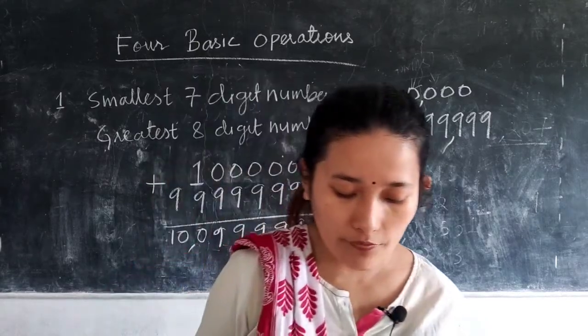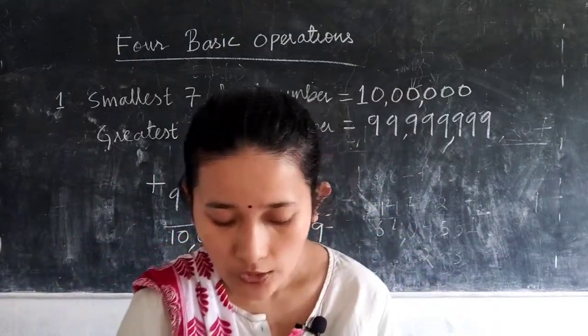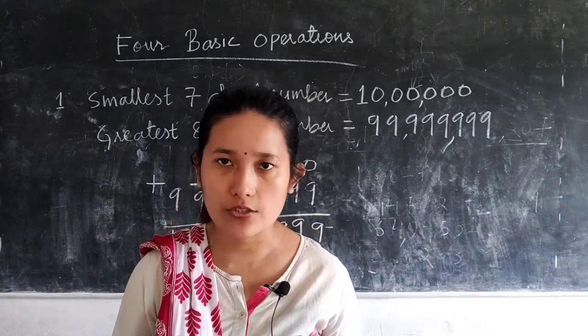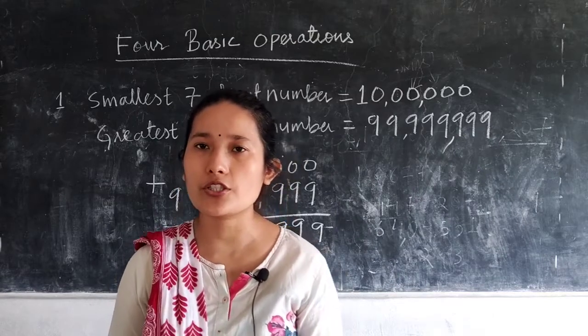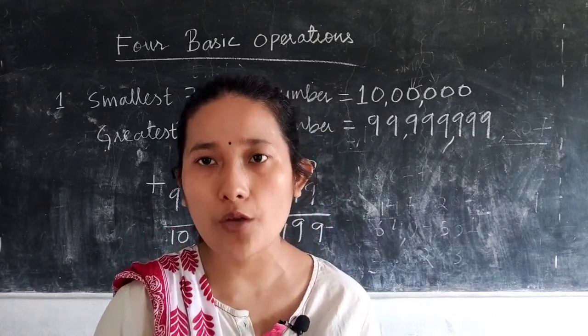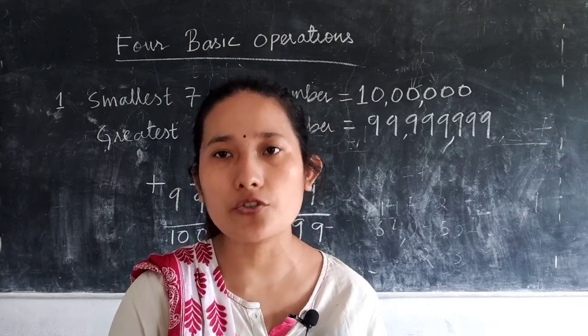Okay, so you are given the total students, and among the total students you are also given the number of girls. So what would be the number of boys? Obviously you need to subtract the number of girls from the total number of students in order to get the number of boys, because boys and girls together make up the students.